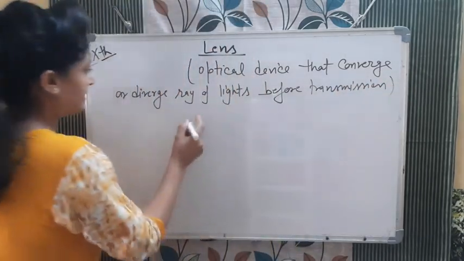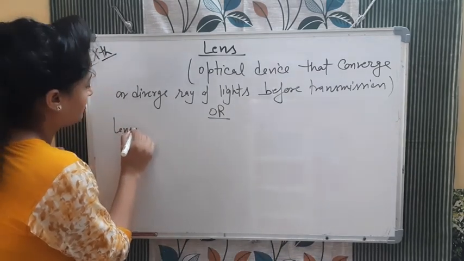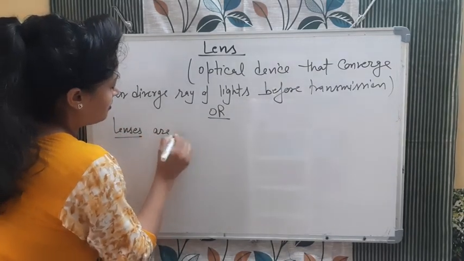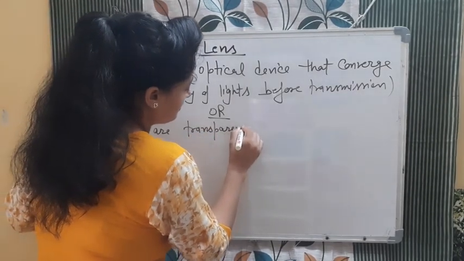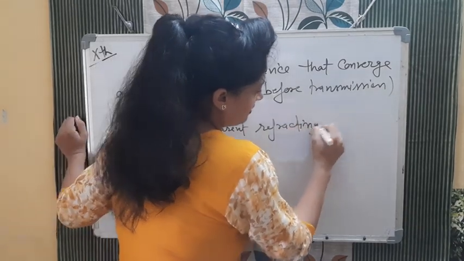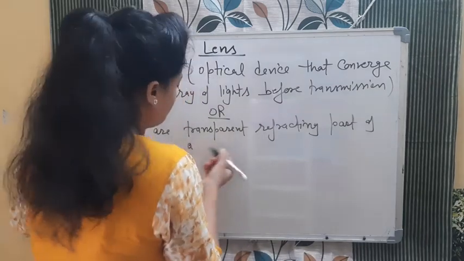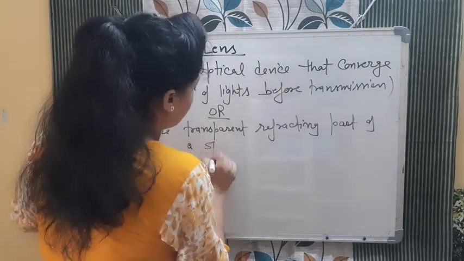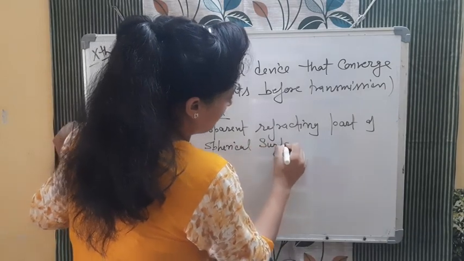Or you can say lenses are the transparent refracting part of a spherical surface. Of a spherical surface.